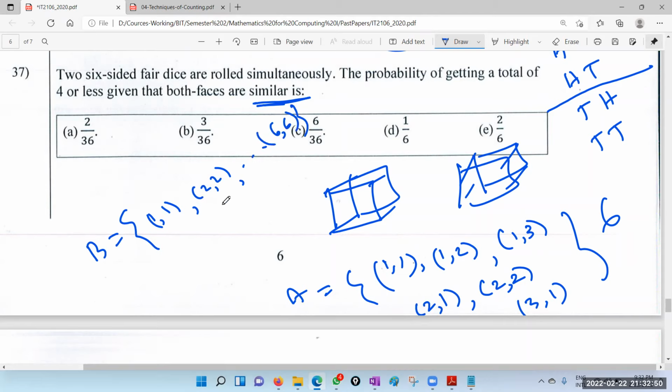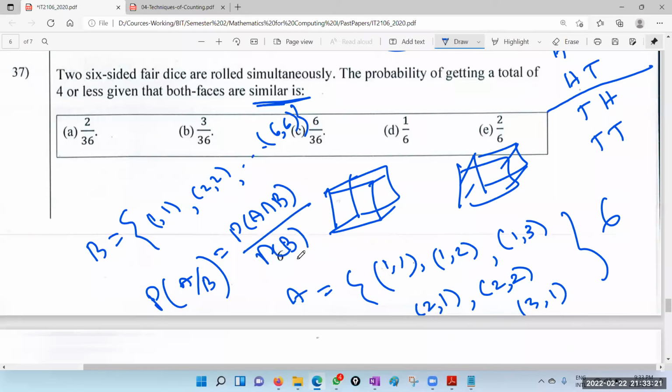So that is the probability of A given B, the conditional probability when B has already happened. Therefore it is probability of A intersection B divided by probability of B. That is the formula we did.